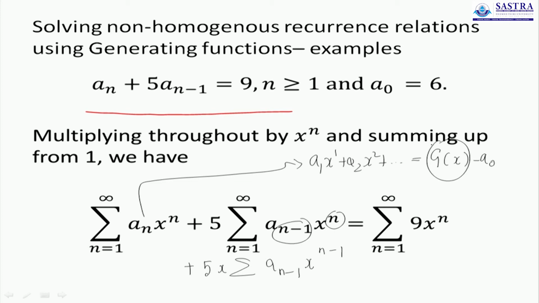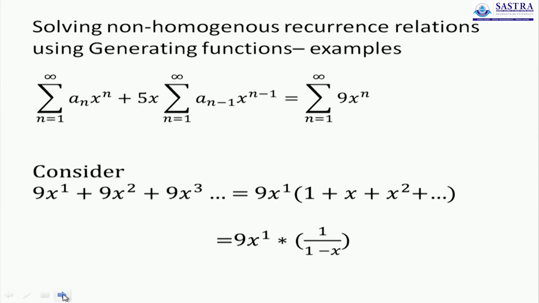And on the right you have 9x power n. That's going to be pretty simple, because every term will have 9 as the coefficient, and you will have a summation of all powers of x where every term is positive in nature. That's what I've done. I've factored the x outside to make room for the simplification, and the one on the right is 9 times x power n. So I can factor out 9 from every term.